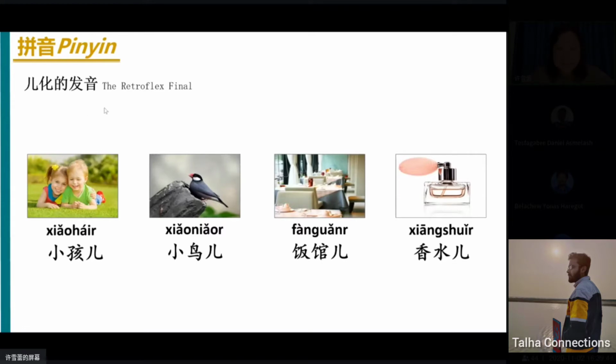Now here is something about Pinyin. It is called retroflex final. Wow, retroflex final. Now in these 4 words, you may find something common. Something common is here. Right? 女儿的儿. Individually, if the character is read individually, that is 儿, but in some cases 儿 appears with another word.